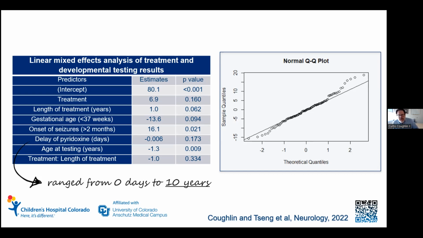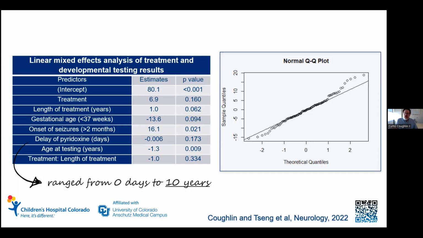So, for example, how long before you were identified to have pyridoxine-dependent epilepsy and treated with pyridoxine, which ranged from 0 days, or antenatally in many of our patients who had a family history, to 10 years of life in our oldest patient.